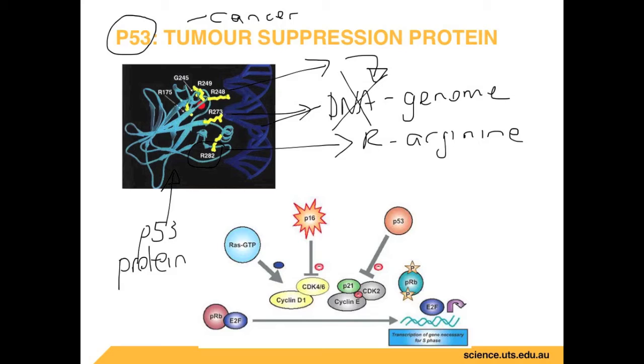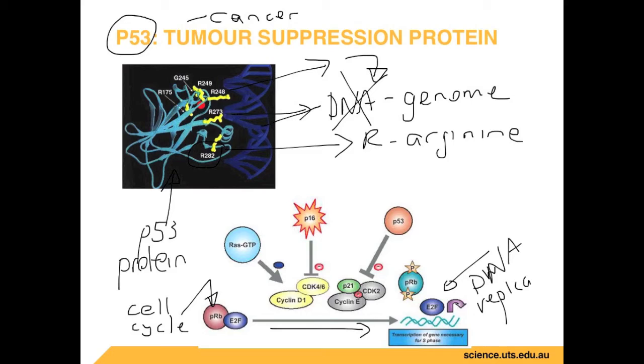The job of P53 is to stop the cell cycle. So we have here a cartoon of the cell cycle where this passage is moving towards DNA replication. The job of P53 is to stop this process, stop the movement to DNA replication until any mutations are repaired.